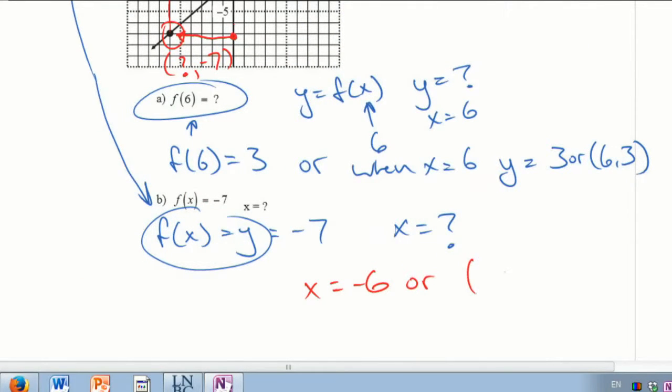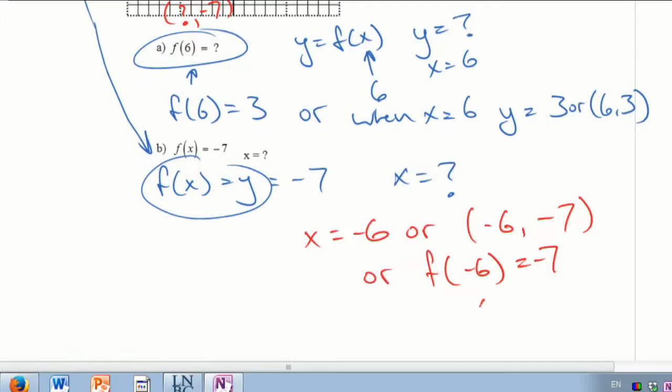Or I could write this as an ordered pair, negative 6, negative 7. Or I could write it as f of negative 6 is equal to negative 7. In this case, this is my x, this is my y, which is my ordered pair. So all just different ways of writing the same thing.